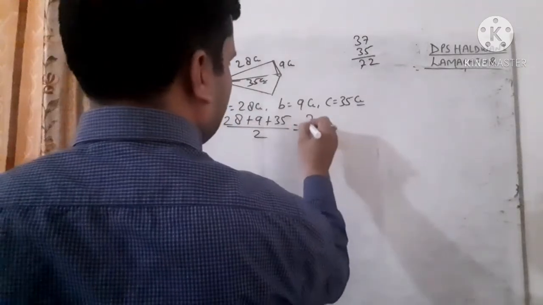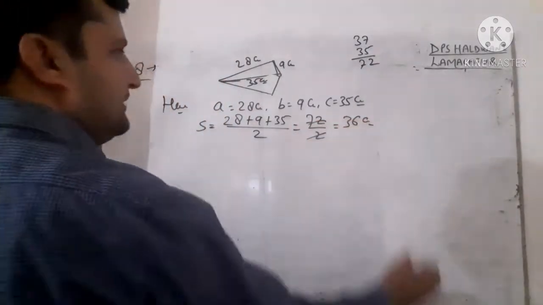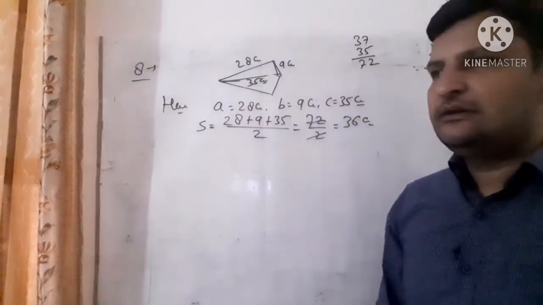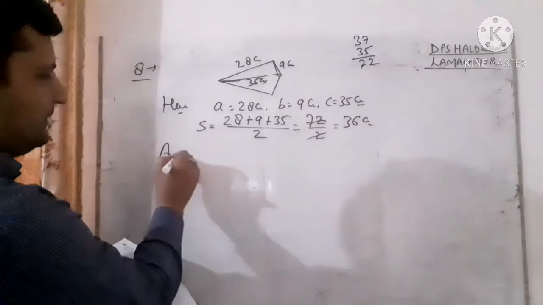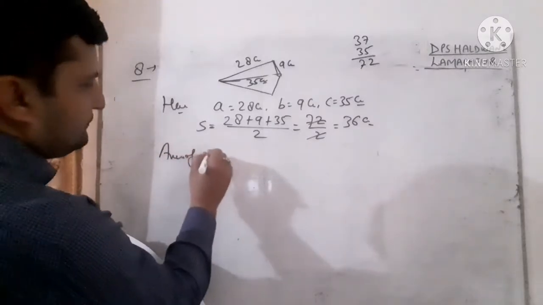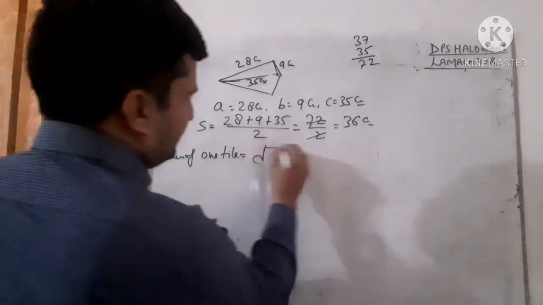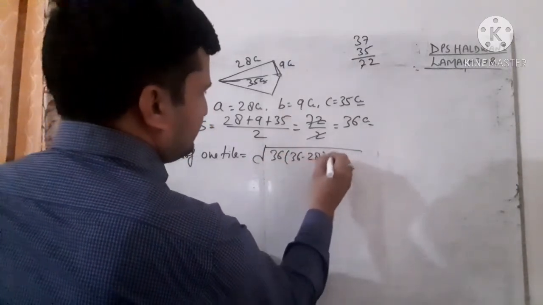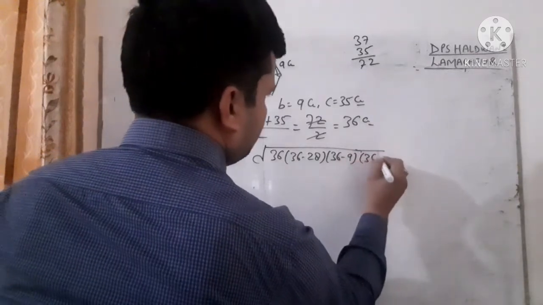So this is coming 72 upon 2, so it is 36 centimeter. So students, S is coming 36 centimeter. After this we have to find the area of this. So the area of one tile is equal to root S, S minus A, S minus B, S minus C.